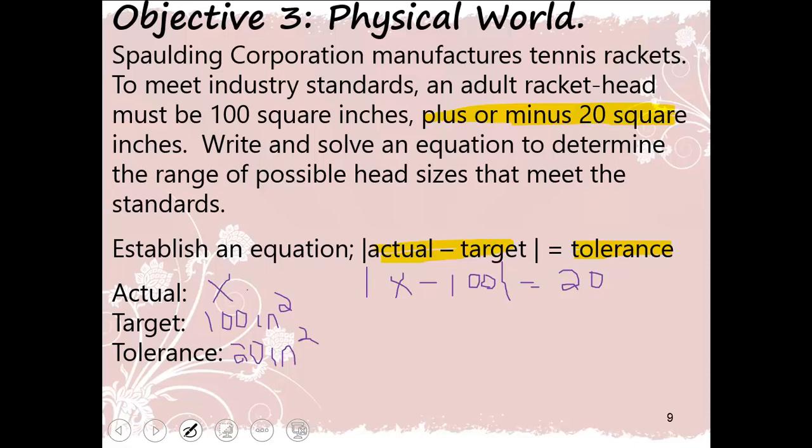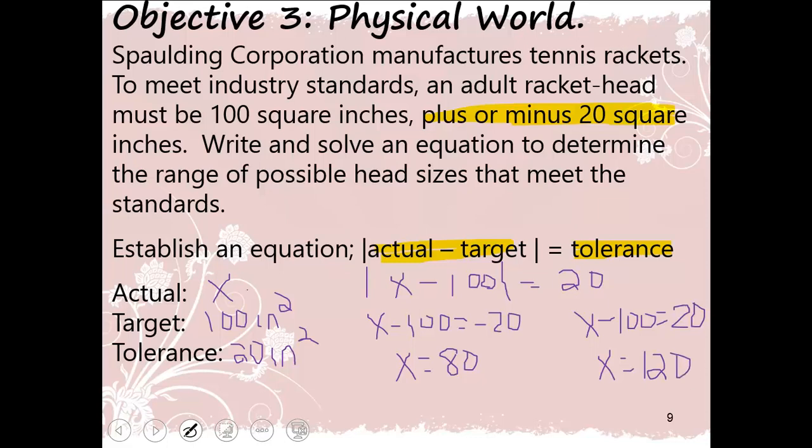And we would have x minus 100 equals -20. x minus 100 equals +20. And we're going to solve. So x is equal to 80 and x is equal to 120. So this is your smallest area, and this is your largest area for the racket head.